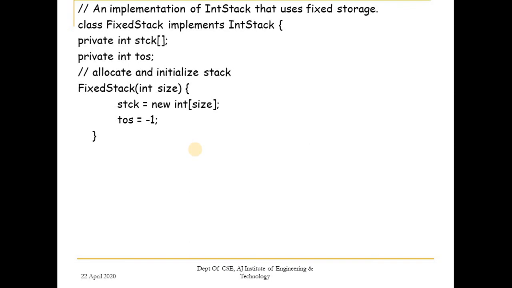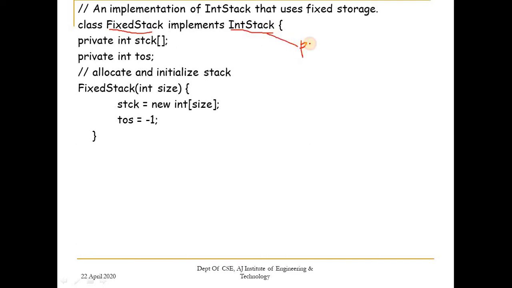Now see this class fixed stack. This class is going to implement the interface. Class fixed stack implements int stack. So it is supposed to implement the push and the pop methods of this interface int stack.